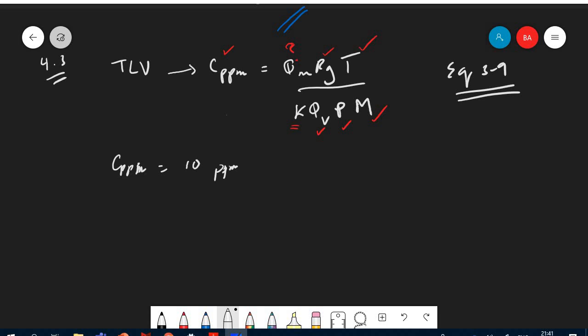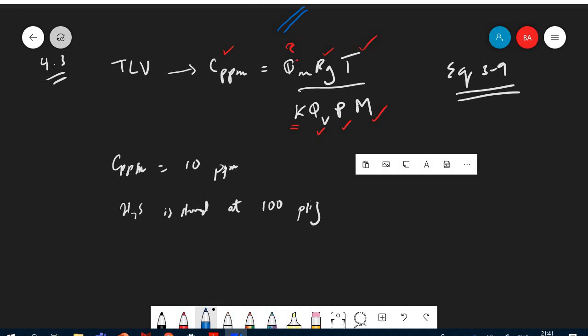The 100 psig is relative to the atmosphere, so it is not an absolute value.